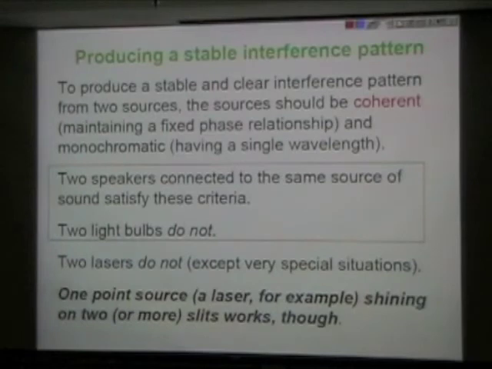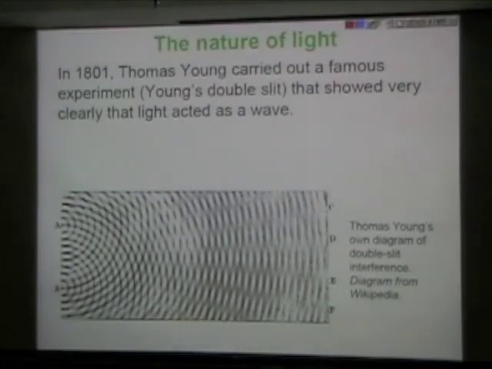Even if you use two different lasers, you have to tune them very carefully to make them coherent. So it's much easier using one single source and splitting the light from that source into different parts. So now these two sub-sources would be coherent.